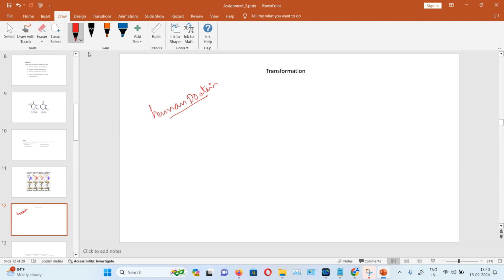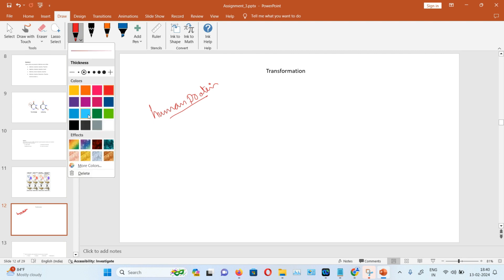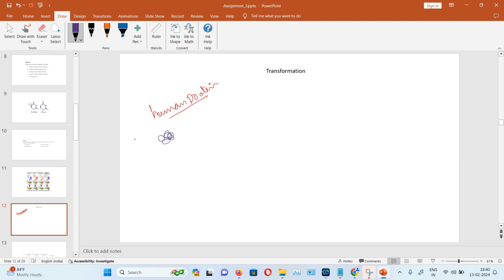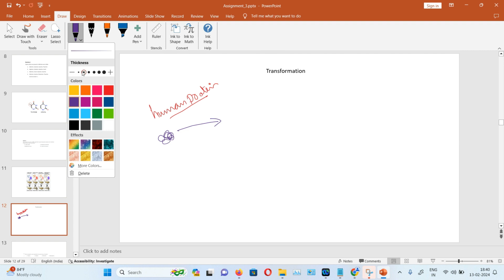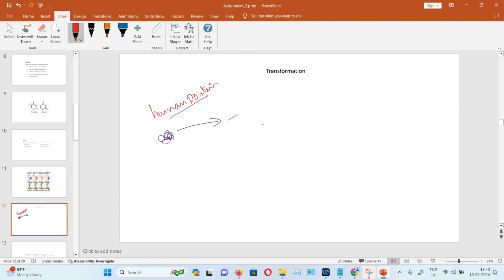So what we will do, we will find the corresponding gene of insulin. There will be a particular DNA strand in which the insulin is coded.